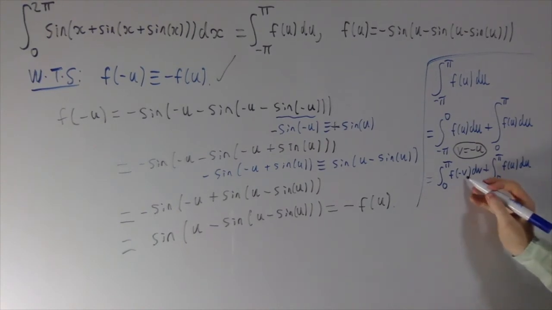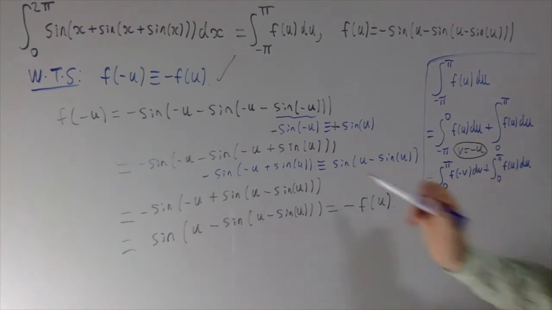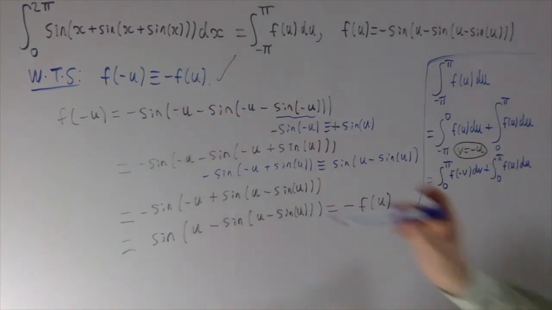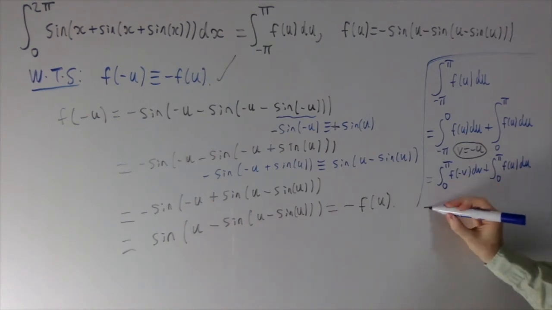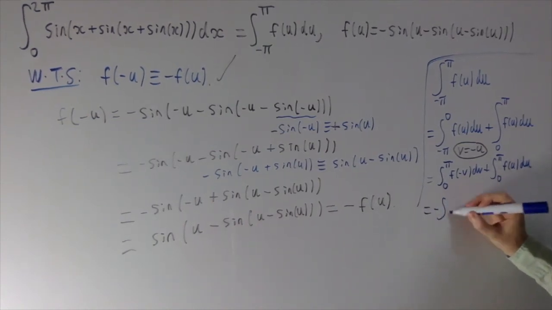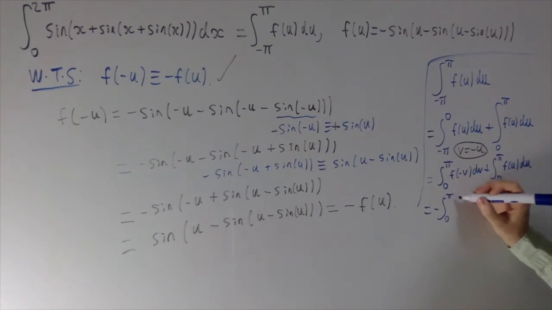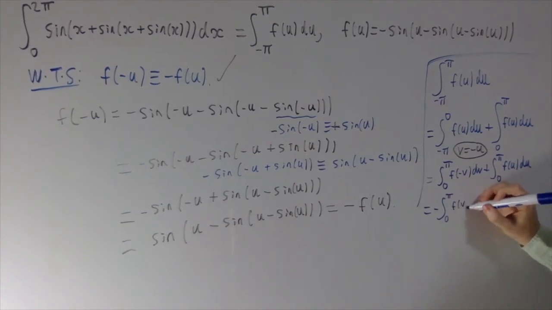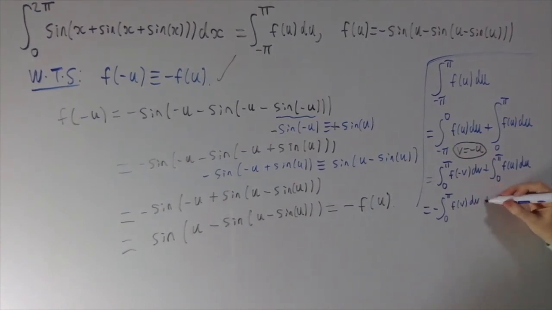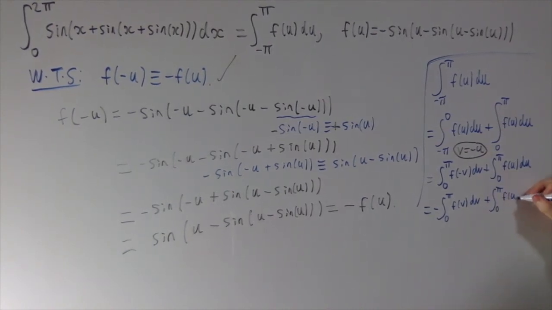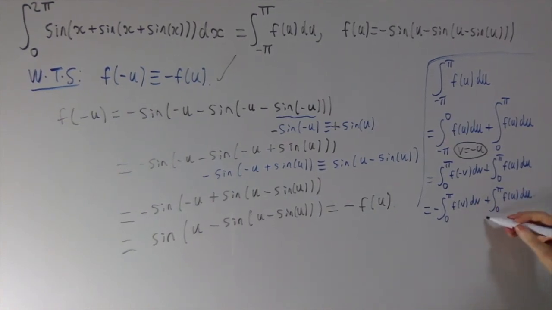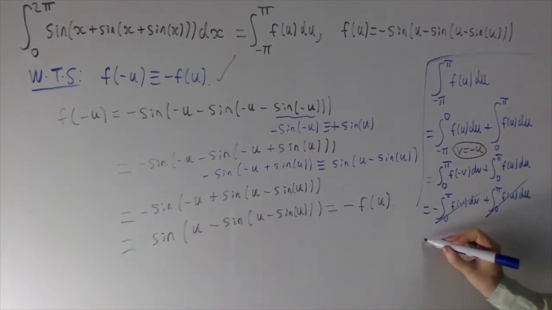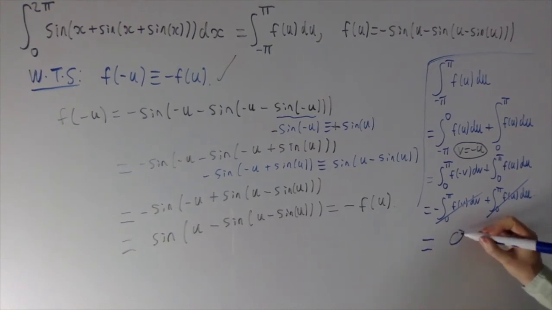But we know that f of minus v, because we've shown that f is an odd function, is equivalent to minus f of v. So this gives us minus the integral from 0 to pi of f of v dv, and then plus the integral from 0 to pi of f of u du. And these two things are equal to each other, so they cancel. Therefore our integral is equal to 0.